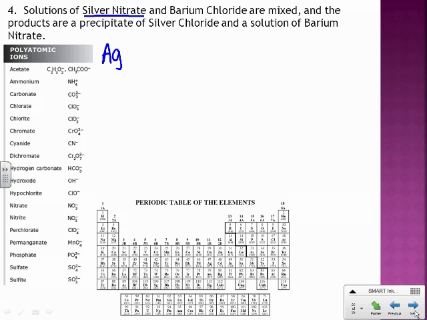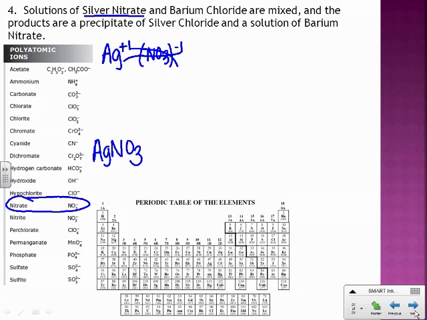Ag always has a +1 charge. Nitrate, if we look over here, is one of our polyatomic ions. It's NO3 with a -1 charge. I'm going to take this one, place it outside of the parentheses, put this one in front of Ag, and so my formula for AgNO3 looks like that.